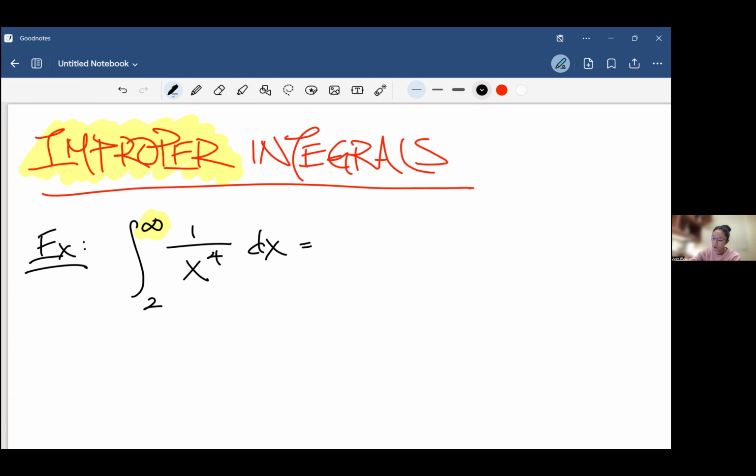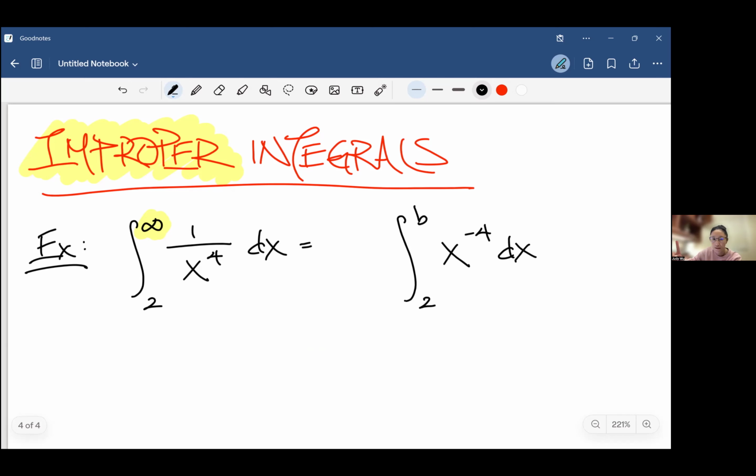So first thing I'm going to do, I'm going to swap out the upper bound for a number, and I'm just going to call that number b. So I have the integral from 2 to b of x to the negative 4 dx.